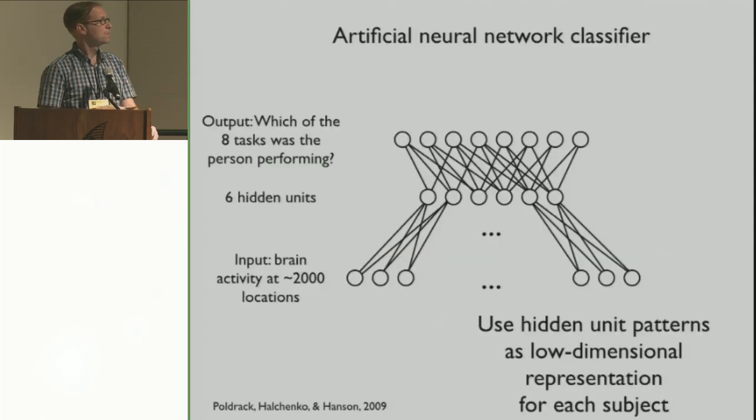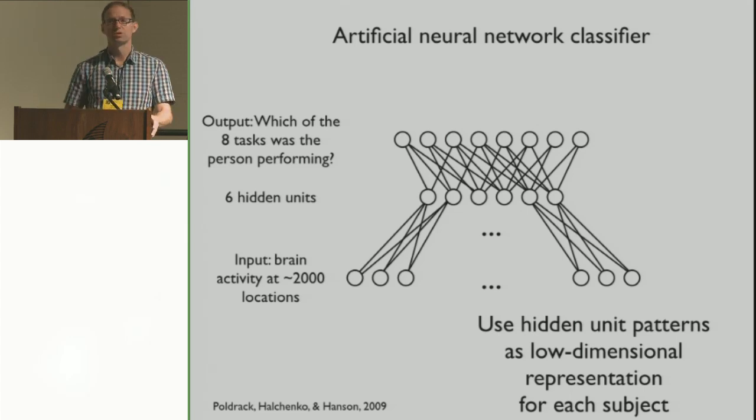Next. So then we tried to train an artificial neural network classifier to learn which of those 8 tasks the person was doing. We give it as input a reduced version of the brain activity. The output is which of the 8 tasks they are performing. We're interested in the classification, but we're also interested in using it as a low-dimensional representation of these high-dimensional brain images.